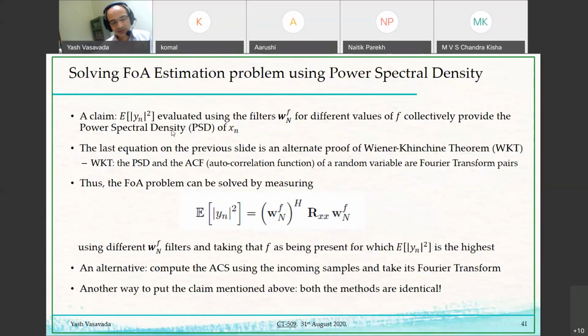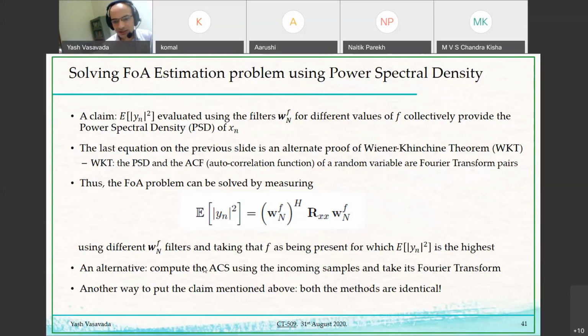So this first bullet and the second bullet were saying something strong. Basically, they're saying that it doesn't matter whether you go the route of these filters or you go the route of ACS. You are doing exactly the same.